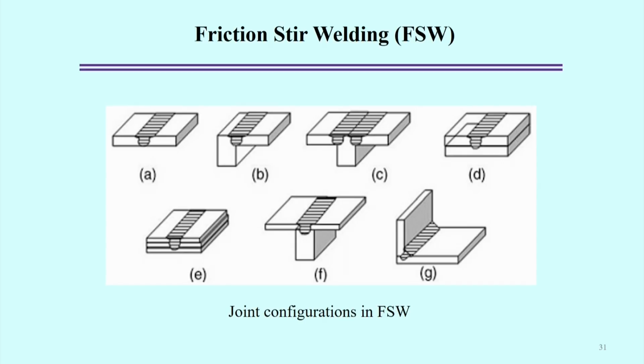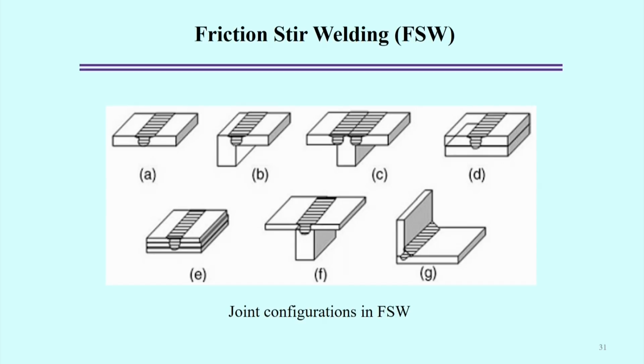But in a butt joint configuration with two different thicknesses, it is not as straightforward as joining material of similar thickness. So, there may be some difficulty when we try to join two different thicknesses of material in a butt joint configuration, but that may not be the case in a lap joint configuration.